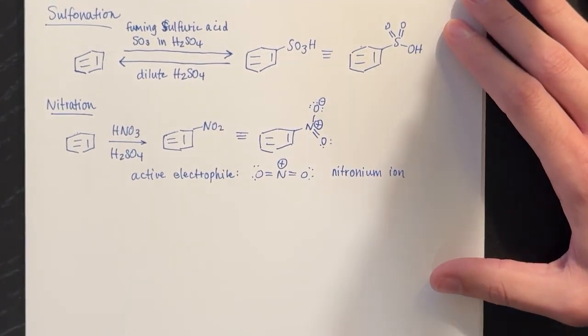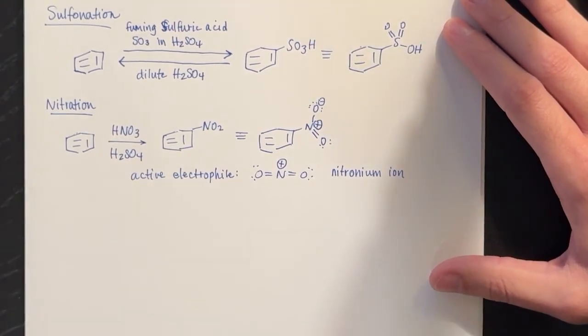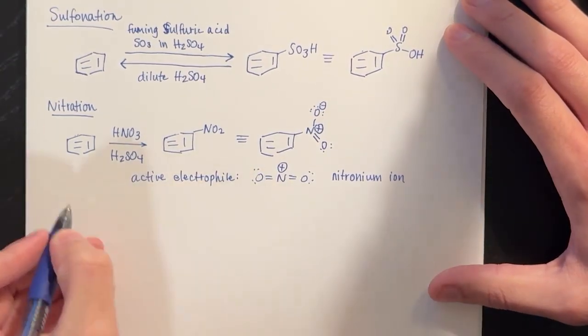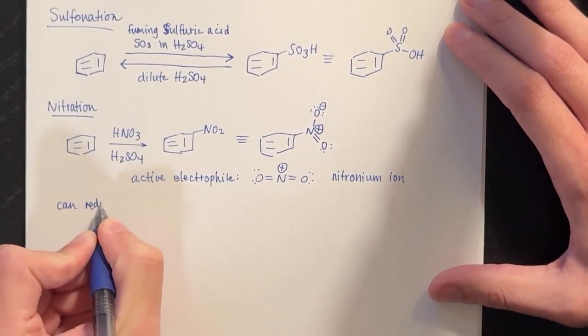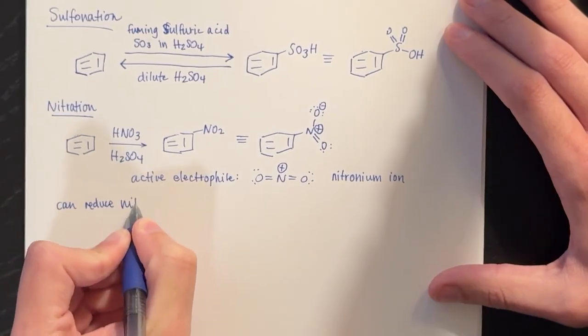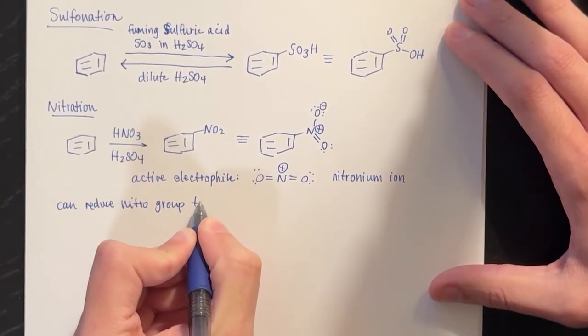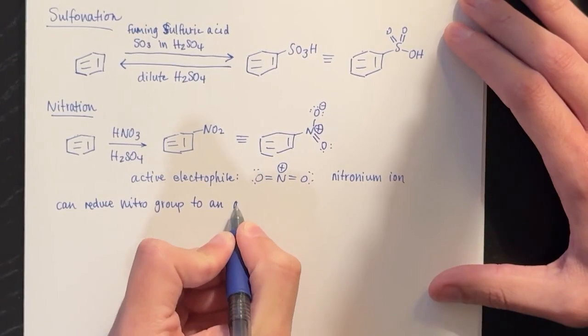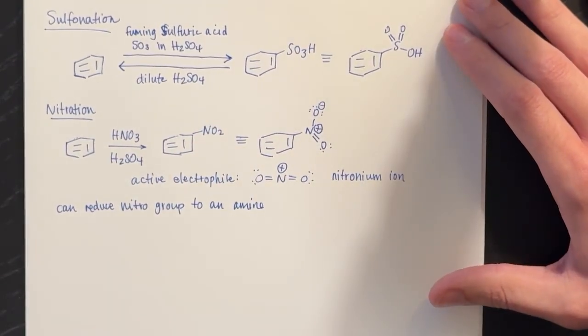There's another particularly interesting advantage of this reaction, and that is that we can do some extra chemistry with the nitro group. And specifically, we can reduce the nitro group to an amine.